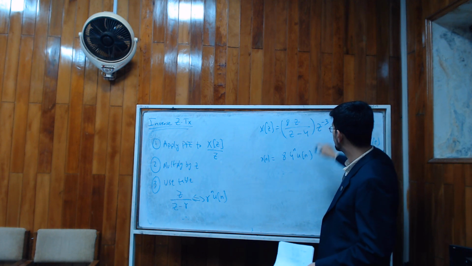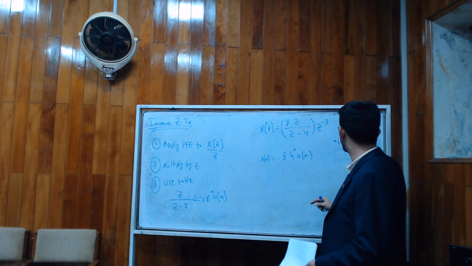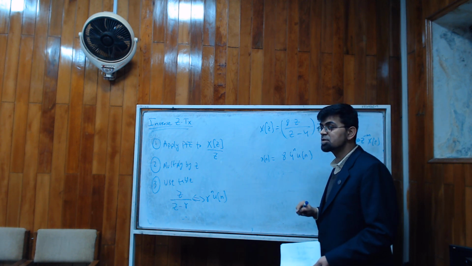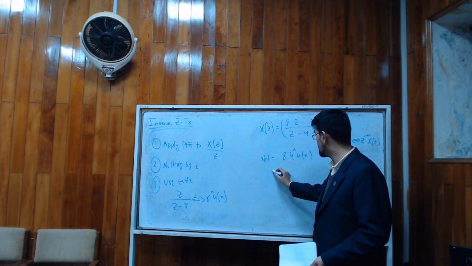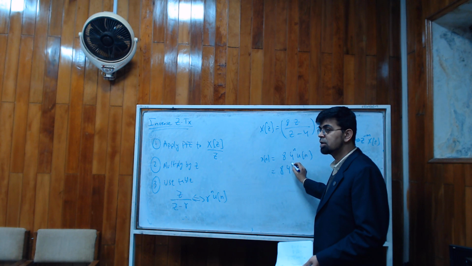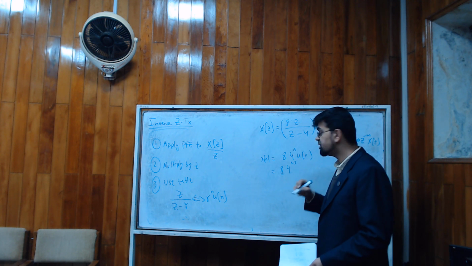So here, n will be replaced by n minus 3 everywhere. So what will it be? 8 times 4^(n minus 3) u(n minus 3). Replace n with n minus 3 everywhere.